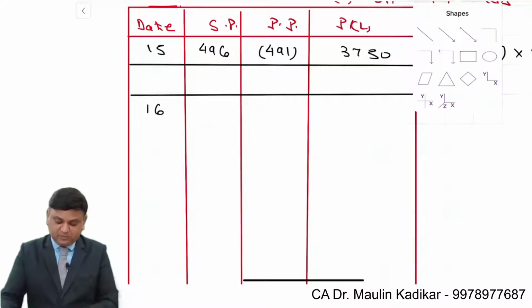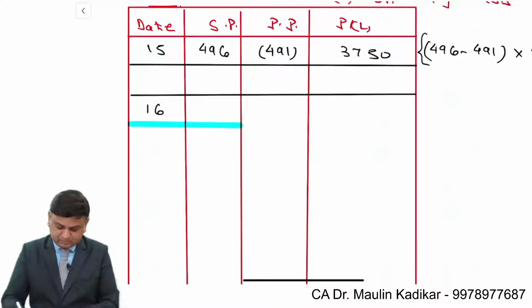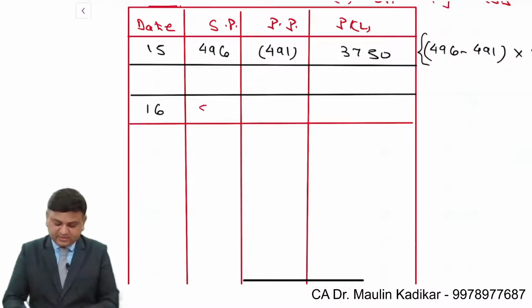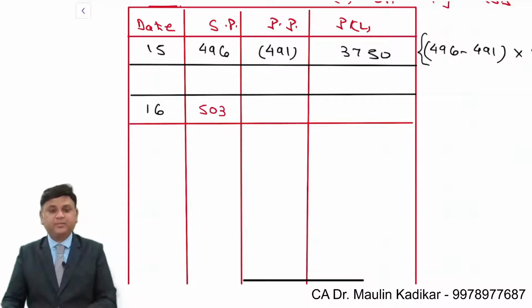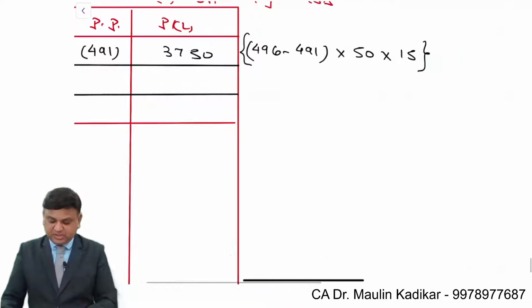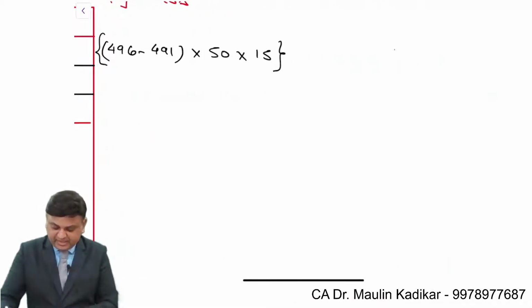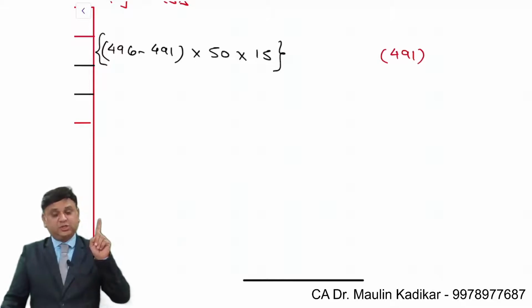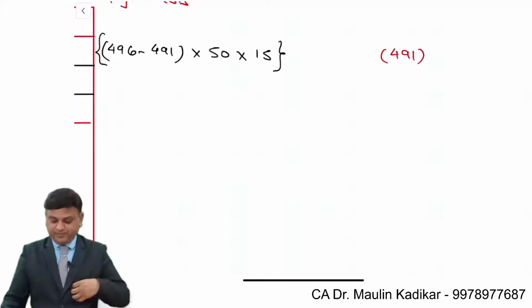Understand carefully what I am going to speak now. The closing price is 503. So 503 will become the sale price. Now, we understand logically that 491 was the price at which you originally had the futures contract to buy the security.